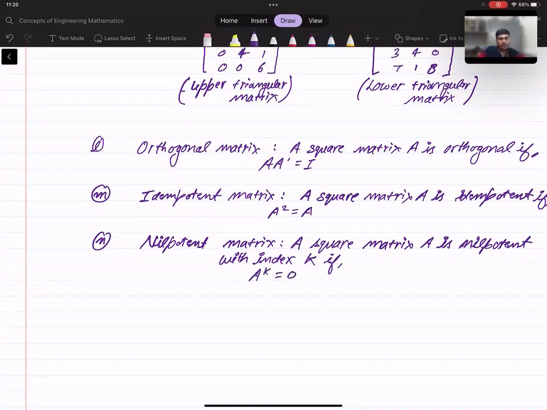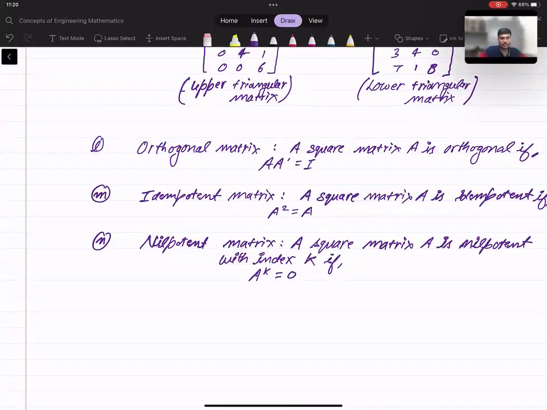Where 0 is a null matrix here. This is not the number 0, we can say it as O, where O represents the null matrix. And we have seen what is meant by a null matrix. So k here will be the index of the nilpotent matrix A.